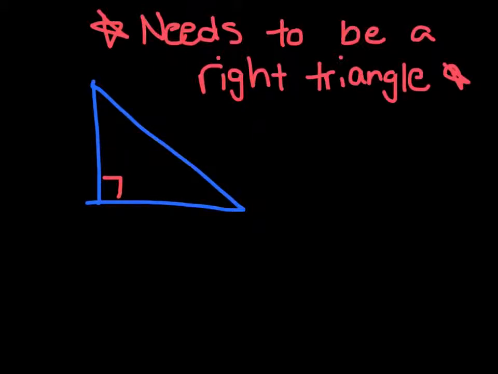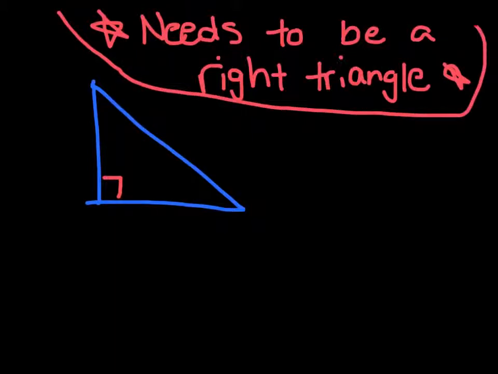This is very important to know. It needs to be a right triangle. If it's not a right triangle, you cannot use sine, cosine, or tangent to find other values for that angle.